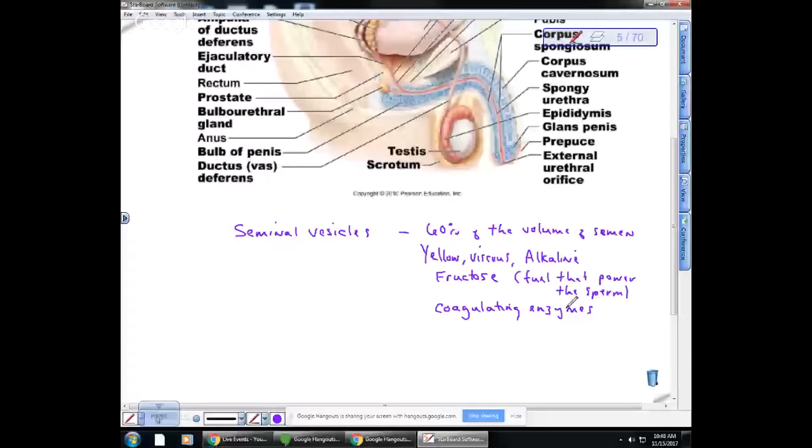In some organisms, the coagulating enzymes actually produce a plug. Like in rodents and in insects, oftentimes the male's ejaculate turns solid once it's inside the female's reproductive tract, and the sperm just slowly starts to swim out, but it is a solid plug. This prevents backflow from the female's reproductive tract.